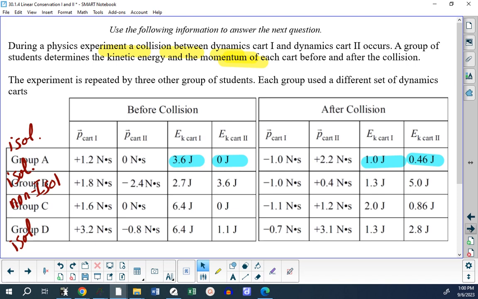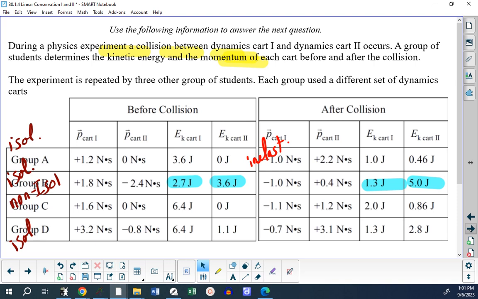There's more energy before the collision than after. So we've lost energy due to, most likely heat, thermal energy. So this is inelastic. I'm just going to put these here because it's getting a little cluttered. That's inelastic. If I go on to group B, let's see, before, well, it might be close. It is.